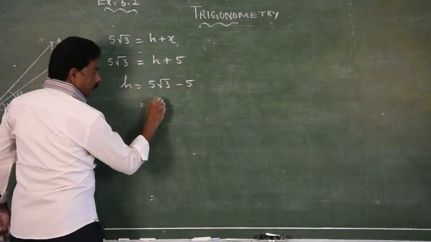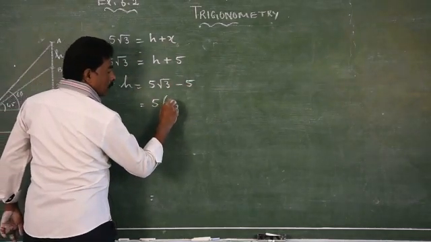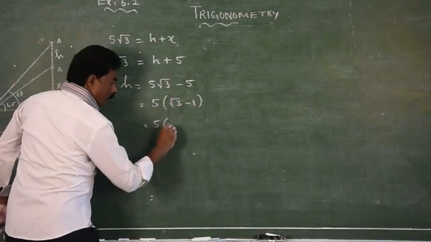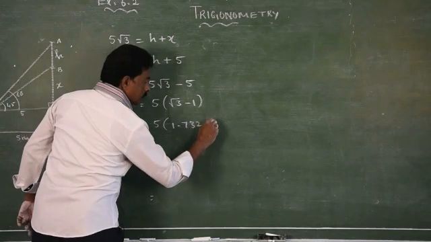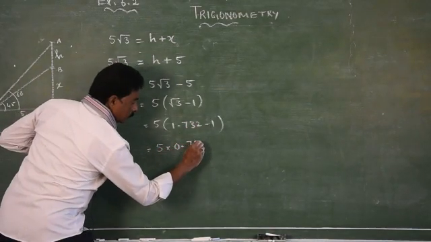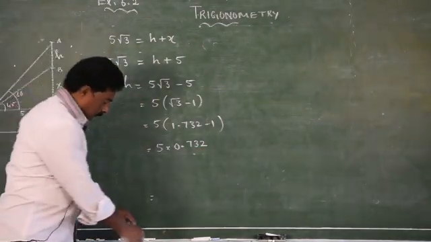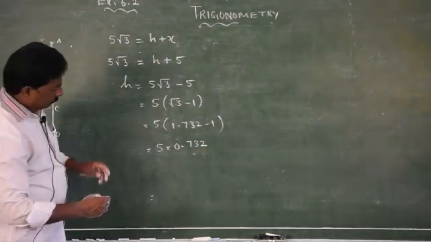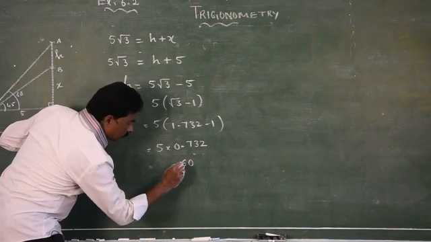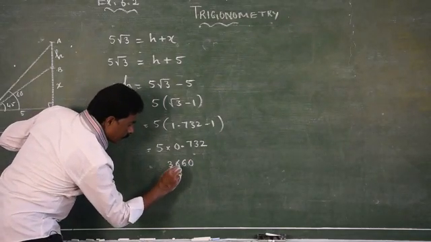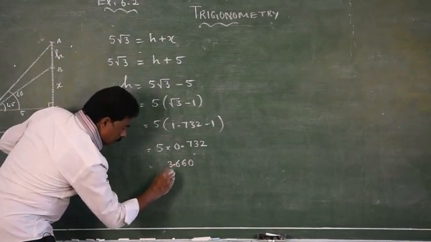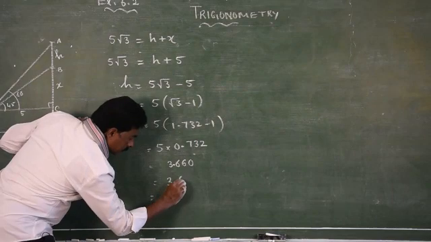When you take 5 common, we will get root 3 minus 1. 1.732 minus 1, that is 5 into 0.732. When you multiply, putting the decimal point after 3 digits, you will get 3.66.